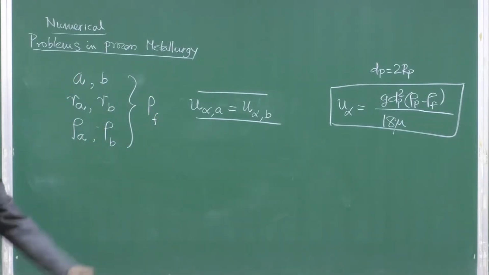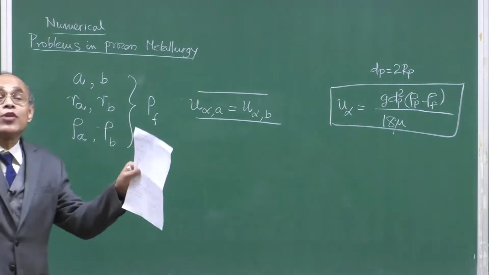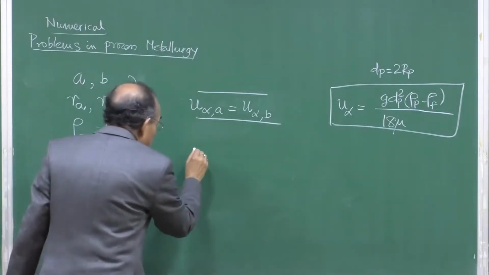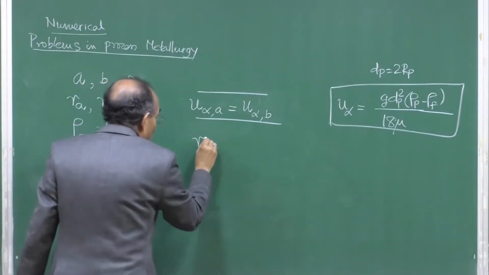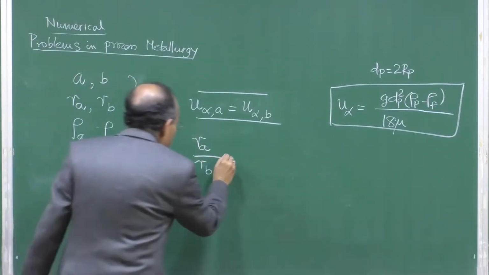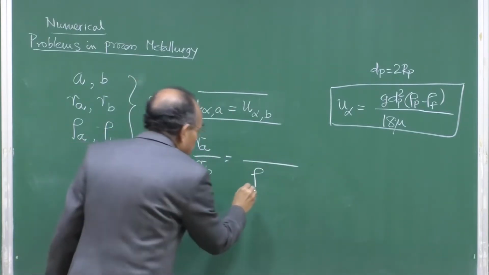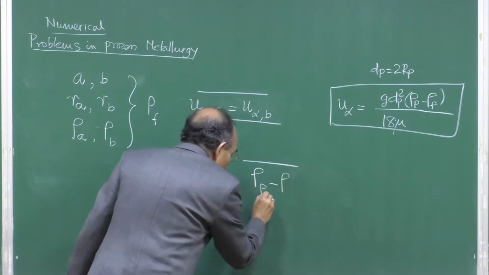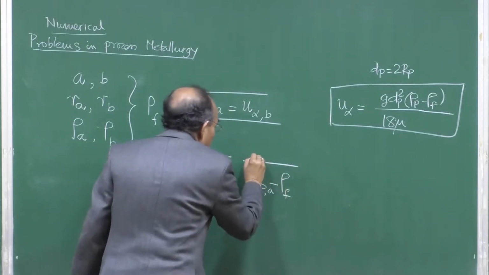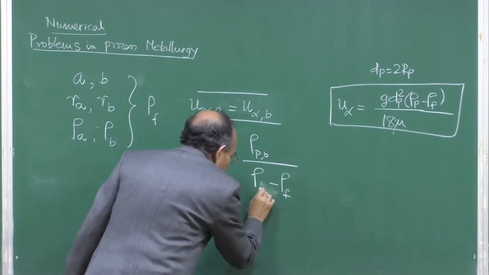Let that be R A and R B, but I want to know under what condition the 2 particles are going to be settling at the same rate and same velocity. On the basis of Stokes law, we will find that R A by R B is equal to the ratio involving rho particle, which is settling, so rho A minus rho fluid over rho B minus rho fluid.